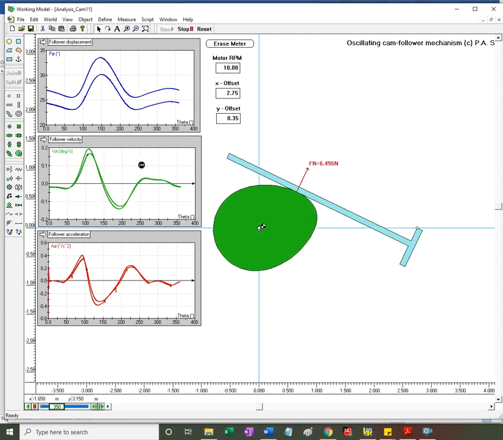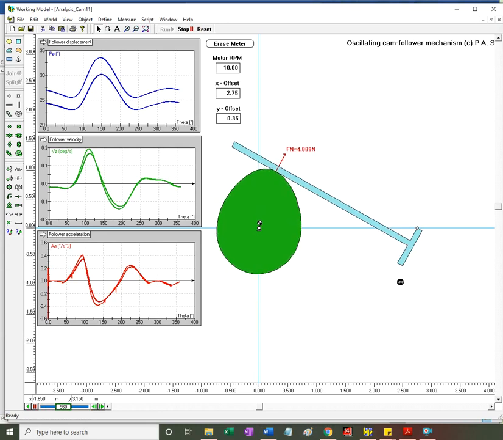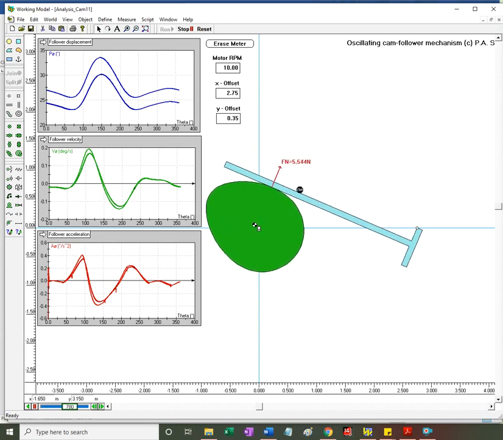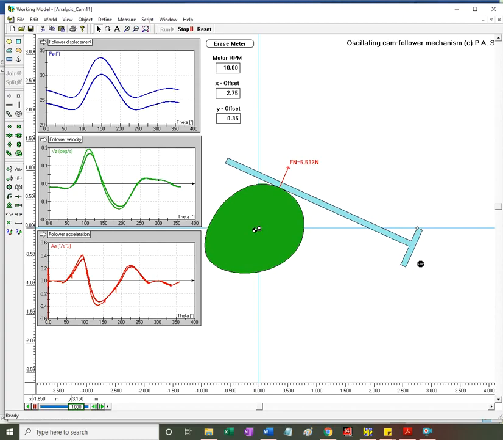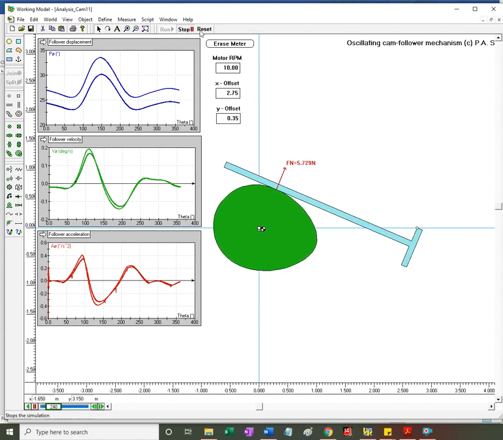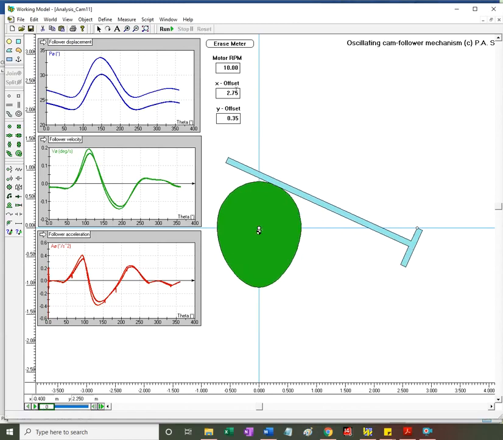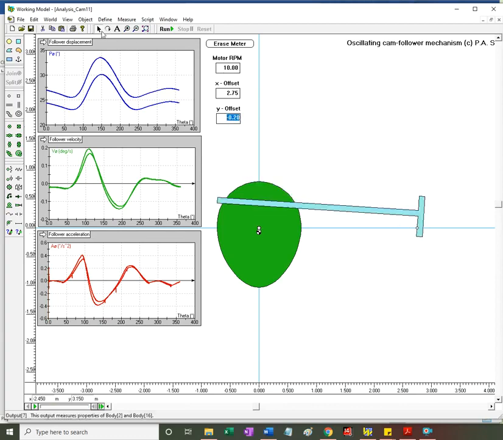All right, so here there are some adjustabilities. I could change the amount of offset. So this is a flat face follower, and I could change the Y offset. For example, I could make it 0.2, or negative 0.2, and I need to help the software start from where contact is made.